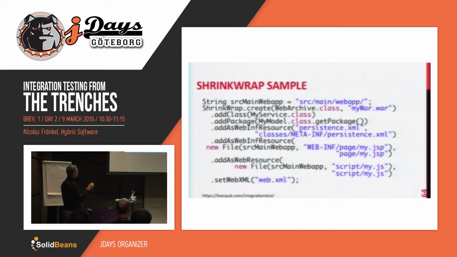As a WEB-INF resource, I will use the persistence.xml. I will also use some JSPs. As web resources, I will use JavaScript, and I will use this web.xml. In this way, you can really pick and choose the stuff that you want, so as to restrict the scope of your application under test.